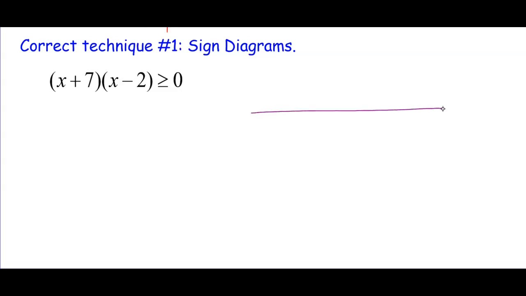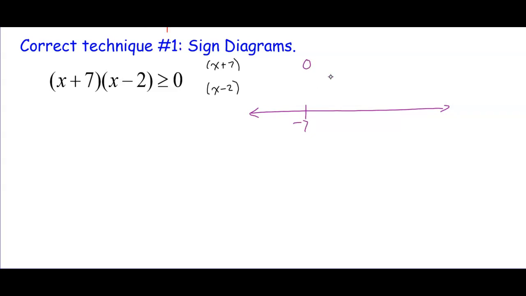You start with a number line, and you individually consider each separate factor in the problem. So we're going to consider x plus 7 by itself, and then separately we're going to consider x minus 2. We're going to think about what happens when you plug numbers into x plus 7. Right at -7, if you plug that in, you would get a 0.